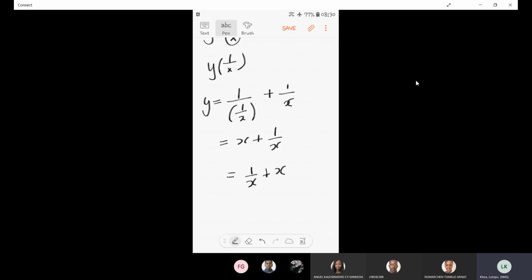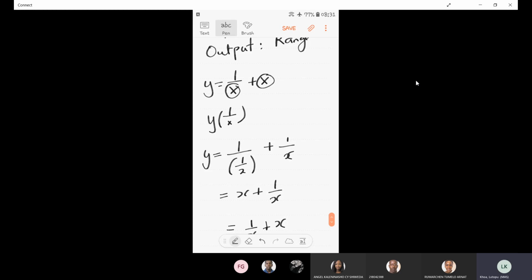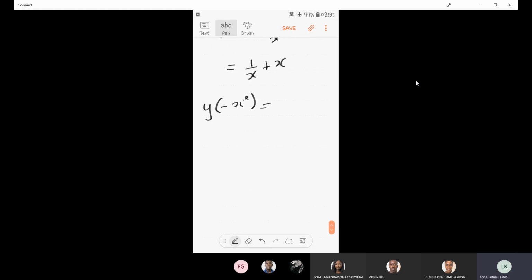Then let's do one more with the same question. What is y of minus x squared? When you do that, you have 1 over negative x squared plus negative x squared.